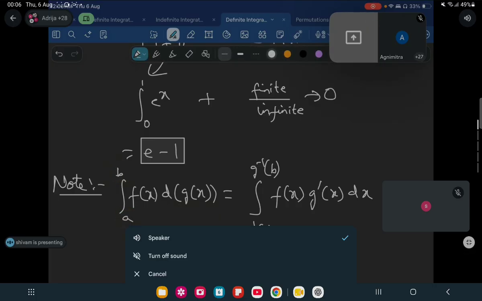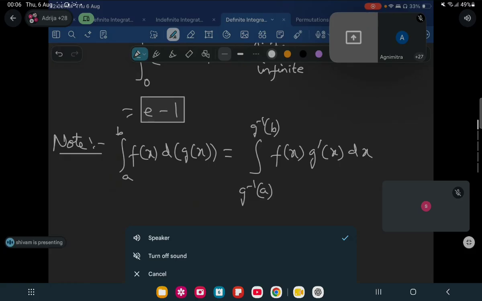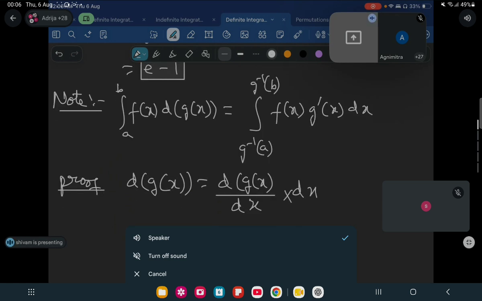So pay attention. First of all, let us prove it, then I'll give you an example. What is d of g of x, everyone? D of g of x is equal to the derivative of g of x divided by dx, multiplied by dx. So basically, this is nothing but g dash x into dx.